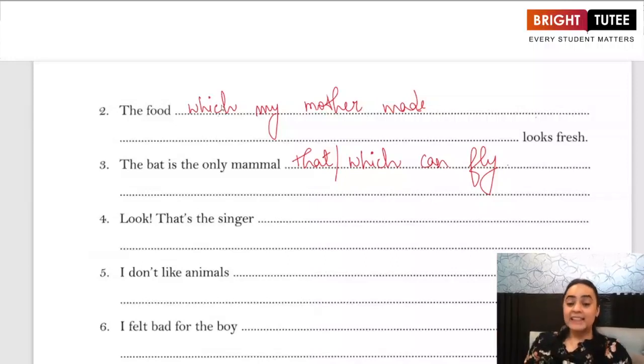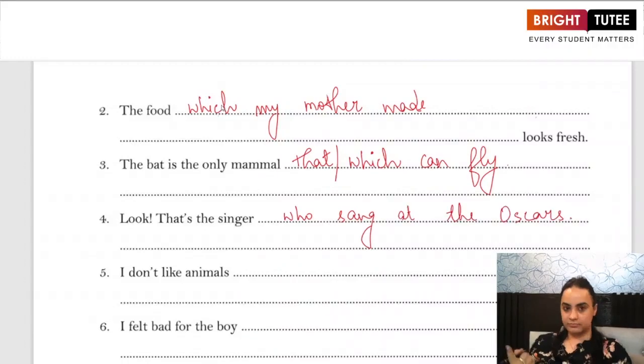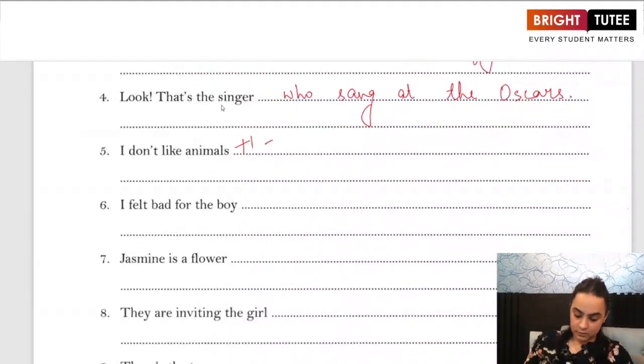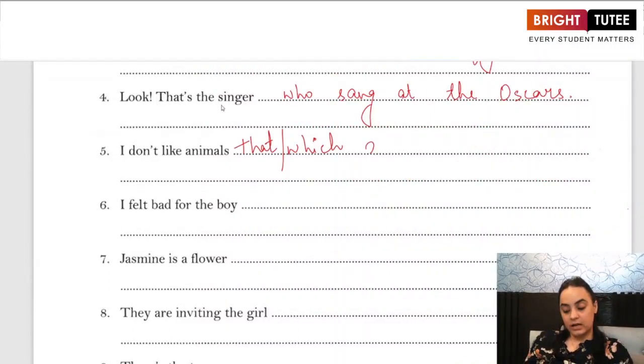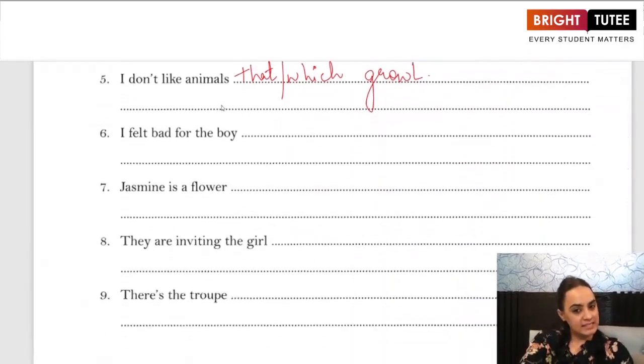Next, that's the singer who sang at the Oscars. I don't like animals that or which growl like a lion. So this way, using a relative pronoun, you can easily complete the rest of the sentences as well.